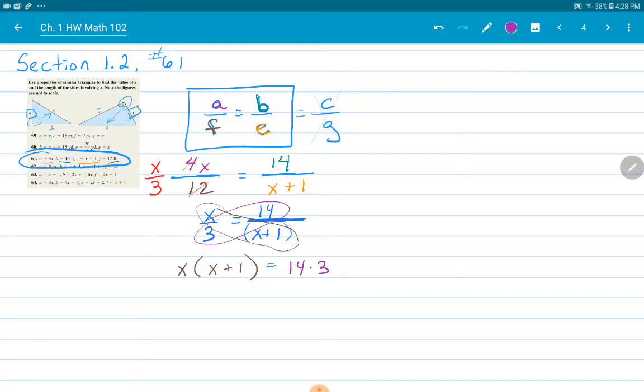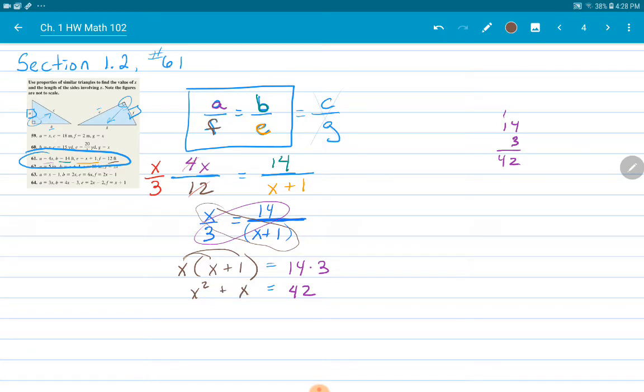I don't know that one off the top of my head, so I'm going to go off to the side a little and do some multiplication, 42. And on the left, I'm going to distribute that x. So I get x times x gives me x squared, and then x times 1 gives me x.